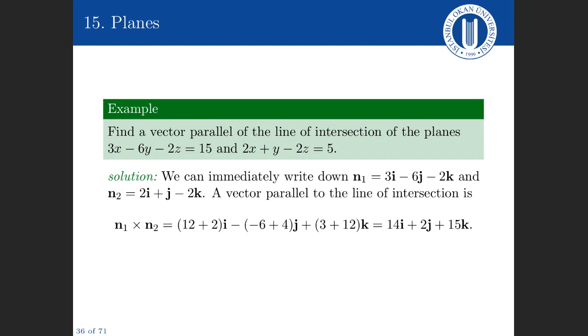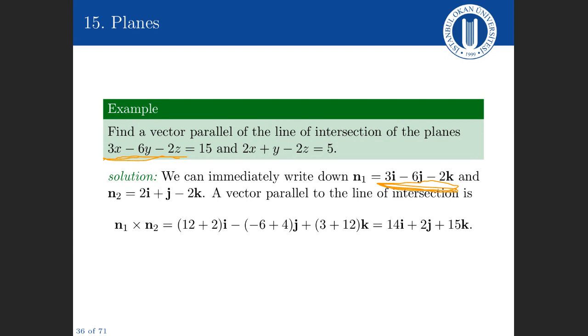There we go. Find a vector parallel to the line of intersection of the planes 3x minus 6y minus 2z is equal to 15, and 2x plus y minus 2z is equal to 5. On the first plane, the numbers are 3, minus 6, and minus 2. So the normal vector is 3i minus 6j minus 2k.